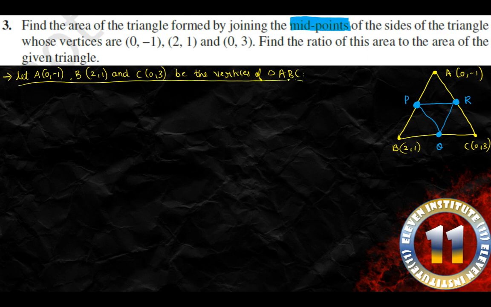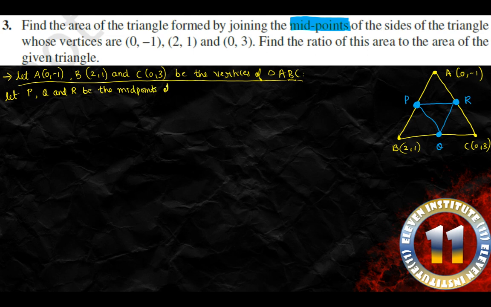Right, next we have to assume that the midpoints of the side. So we can see from here that P is the midpoint of AB, Q is the midpoint of BC, and R is the midpoint of AC. So let us write it over here. Let P, Q and R be the midpoints, right?